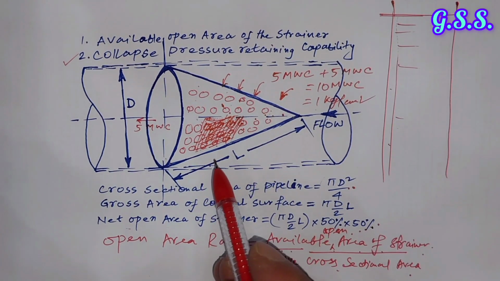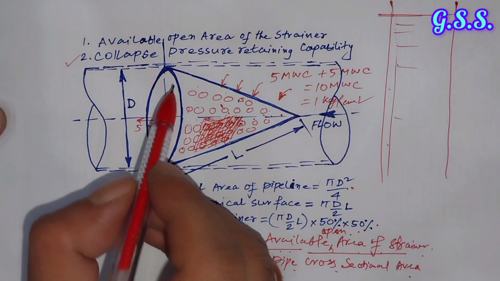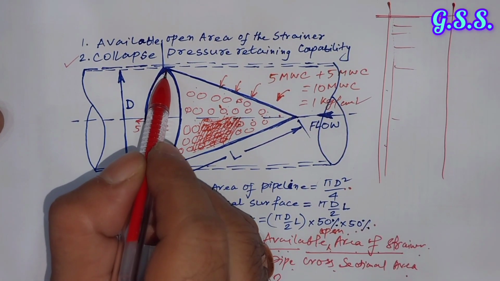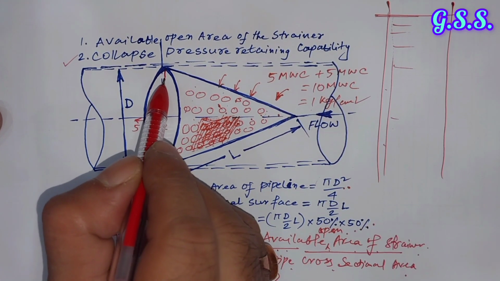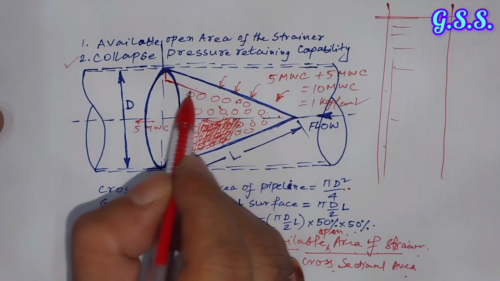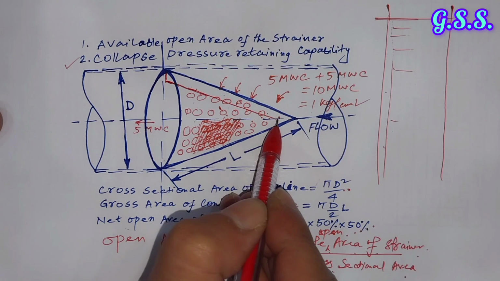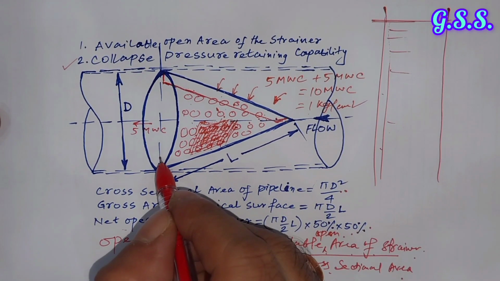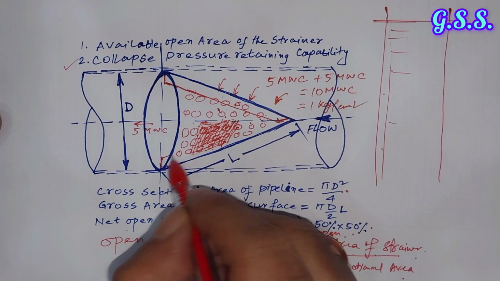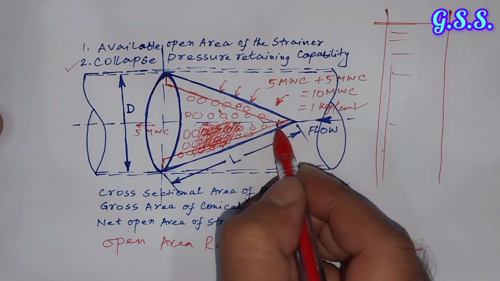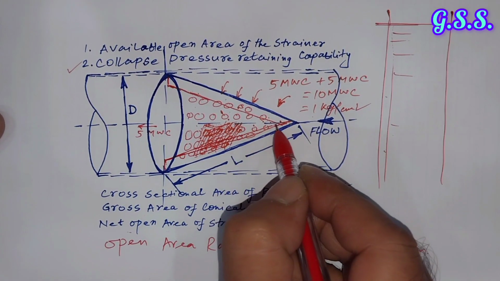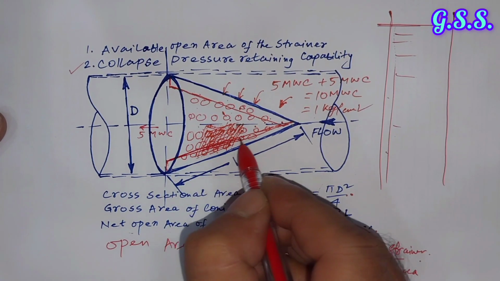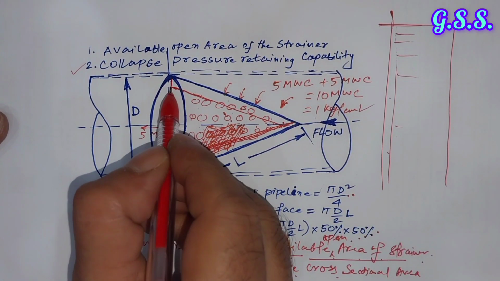Stiffening means we have to provide stiffeners like this inside the strainer. This is stiffener flat like this. This is one stiffener flat this side. This is another stiffener flat this side. These are welded inside the perforated sheet of the strainer.